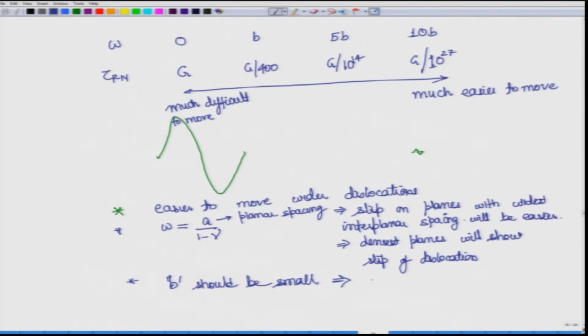B is smallest along the direction with the shortest lattice vector, lattice translation. So, B is small where we have the shortest lattice translation, which implies the closest pack direction.